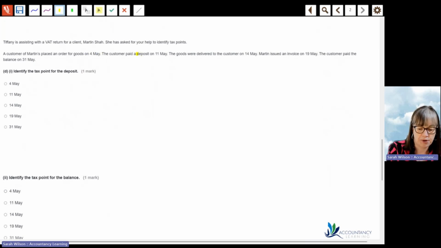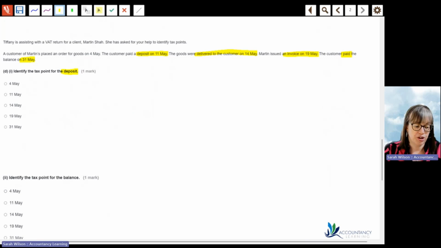The customer paid a deposit on the 11th of May, and the goods were delivered to the customer on the 14th of May, and an invoice was issued on the 19th of May. And the balance was paid on the 31st of May.